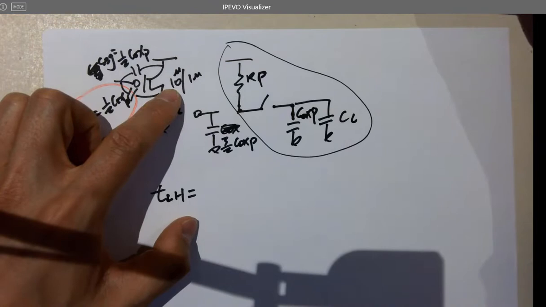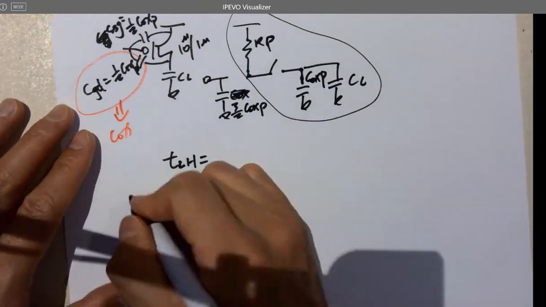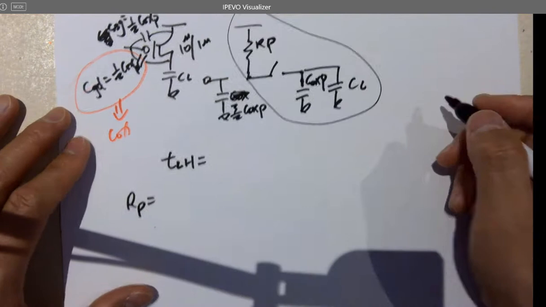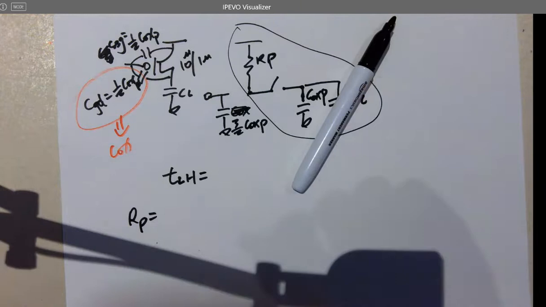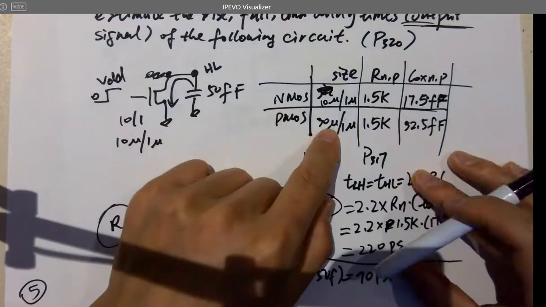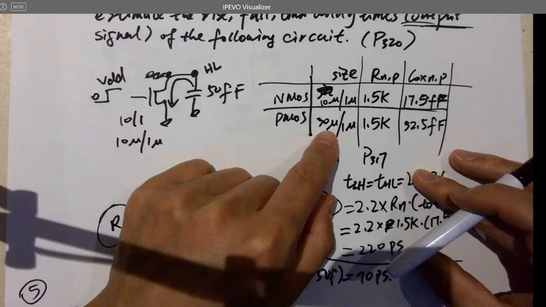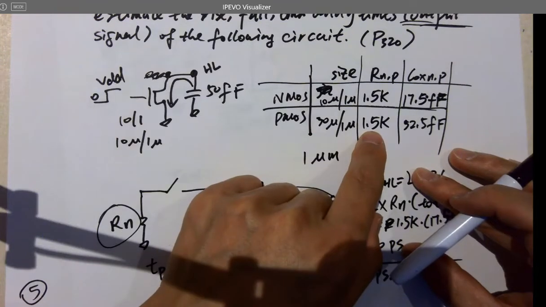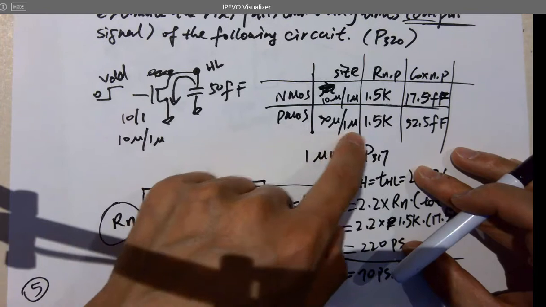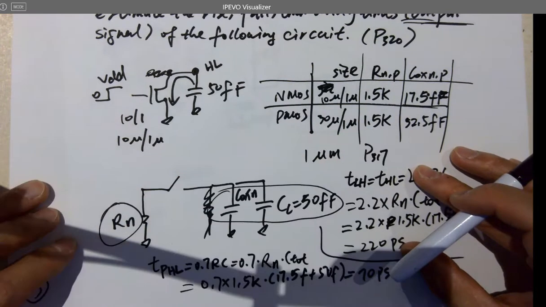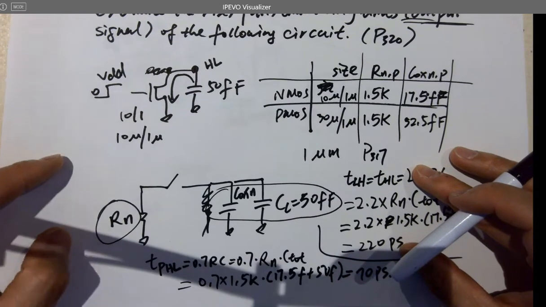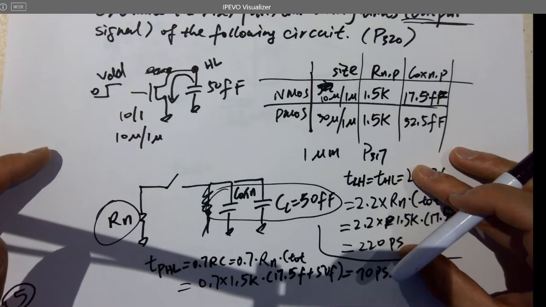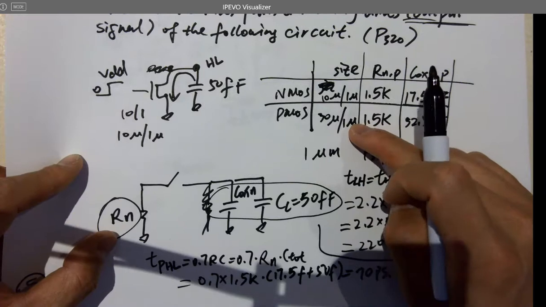So how can I convert it into 10 to 1? So what is RP here? Which one is wider? The one in the table is wider. And it's 1.5K. So for 10 micron over 1 micron, it becomes what? Higher resistance or lower resistance compared to 1.5K? Same length.